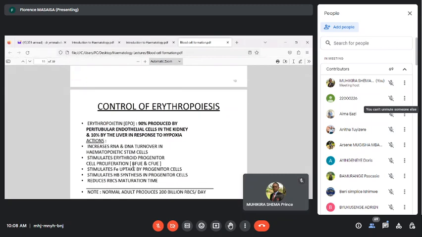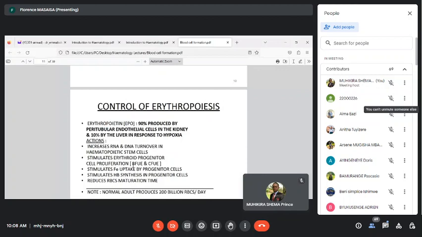Erythropoietin is produced 90% in the peritubular endothelial cells in the kidney, but 10% in the liver. It is usually induced as a response to hypoxia. The action of erythropoietin is to increase RNA and DNA turnover in hematopoietic stem cells, as you know those cells make divisions and so on.